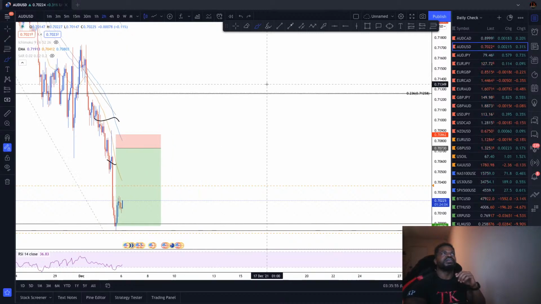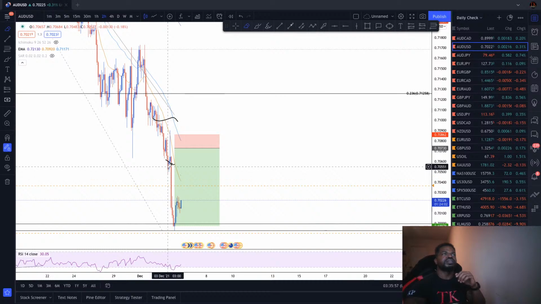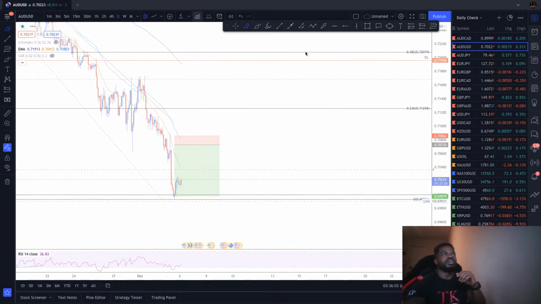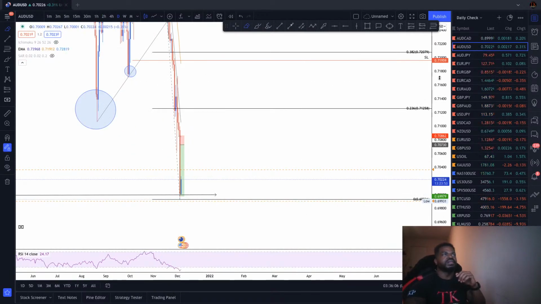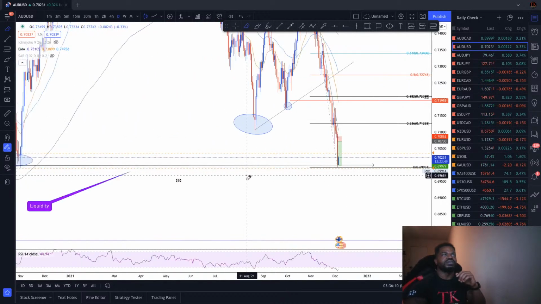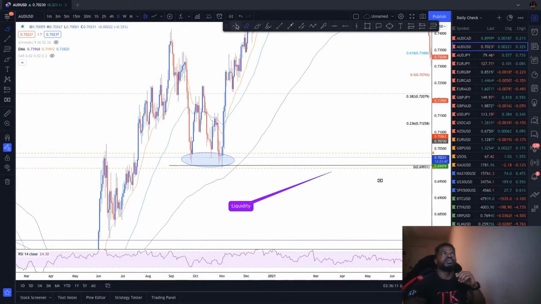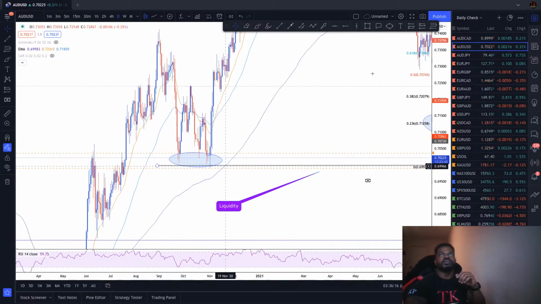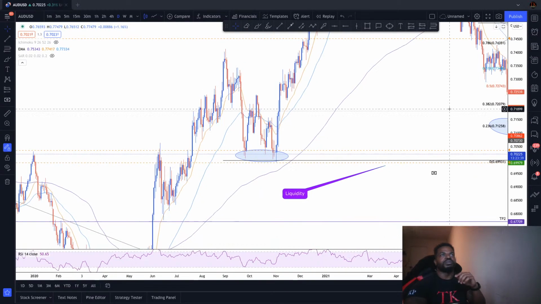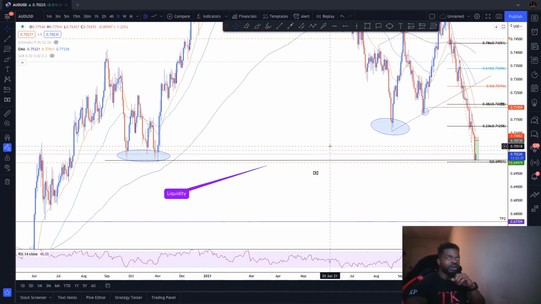And that bias was based off of, give me 1 second, let me go to the daily chart. That bias was based off of price retesting the lows in this area. Since we have multiple rejections here in the past at this area, I looked at it as a potential strong support level.